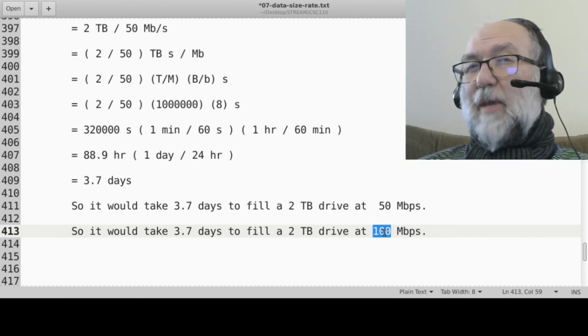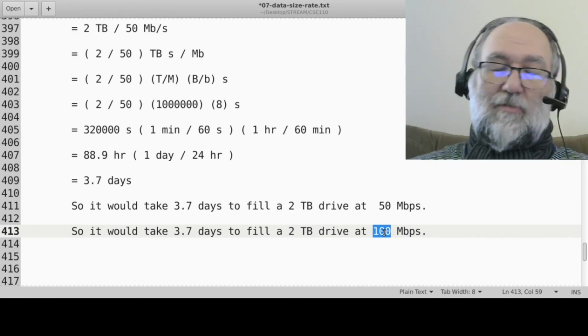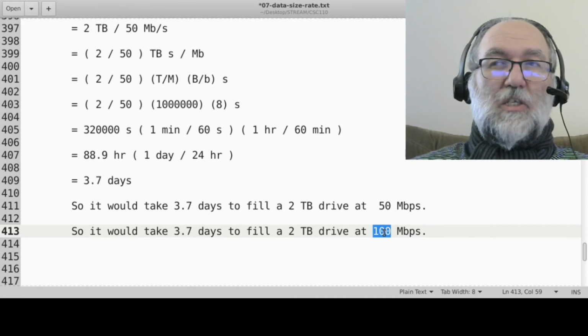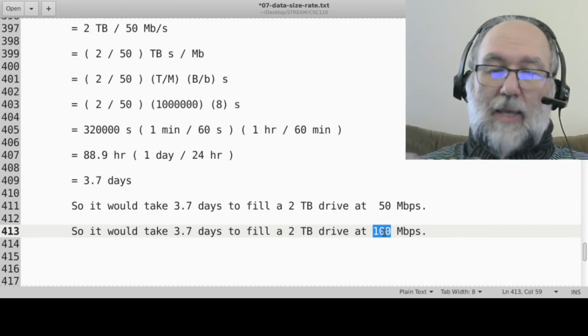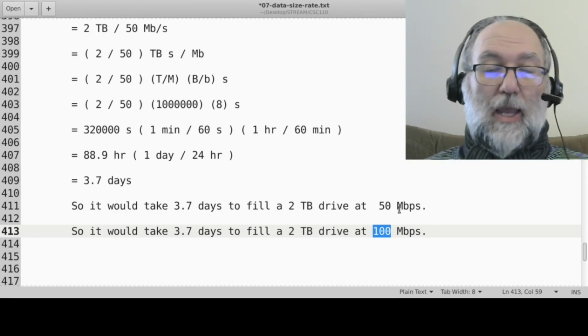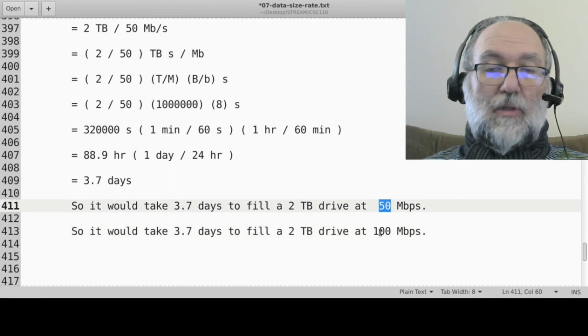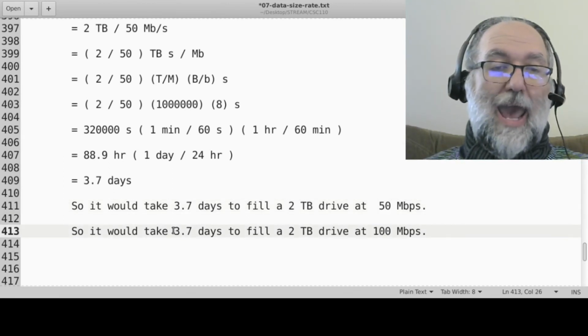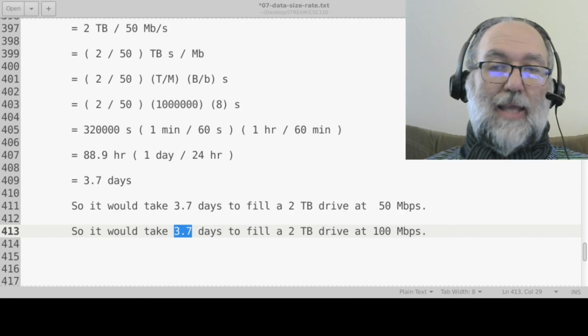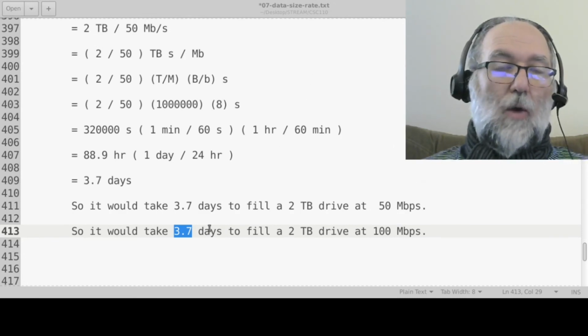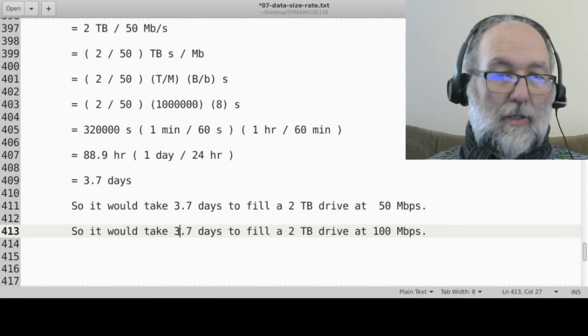If you're traveling at twice the speed, you travel twice the distance in the same amount of time. If you're downloading at twice the speed, you download the same amount of material in half the time. Okay, so here, if we're going to double the download speed, we're going to halve the amount of time. So rather than it taking 3.7 days, it's only going to take 1.85 days.